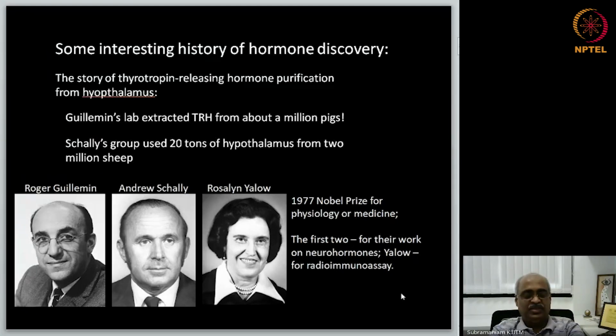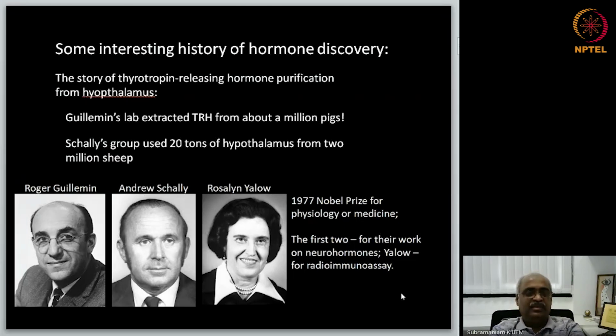For example, with insulin, does it stimulate a cell to take up glucose and induce protein synthesis or lipid biosynthesis? So like that, for every hormone, you have a very sensitive way of finding its existence.